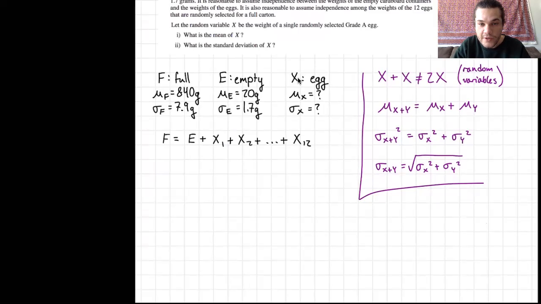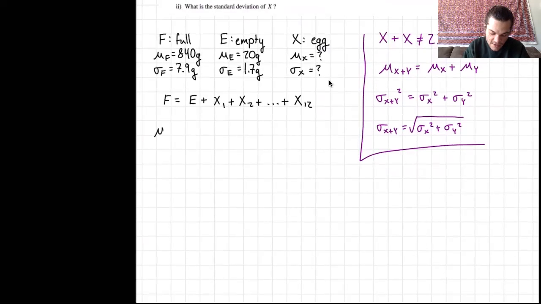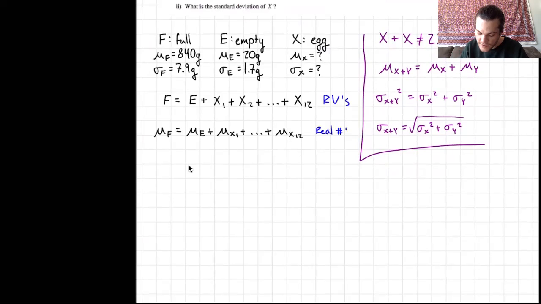So now we want to find the mean of X. So the mean of F works out really nicely here because the means work exactly how you want them to. And now, this right here was an equation of random variables. But below, now we're just talking about real numbers. So we can use now our old algebra rules. All of these numbers, mean for X1 and mean for X12, those are all the same value.